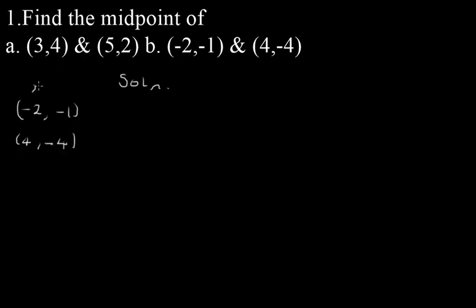This is the x, and these are on the y. So for the x coordinates, we have -2 and 4, and for the y coordinates, we have -1 and -4. So you can pause the video, try working it out on your own. So we can get into calculating the midpoint.